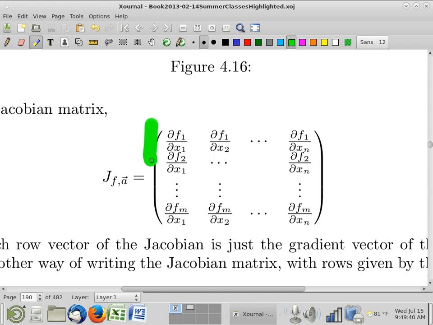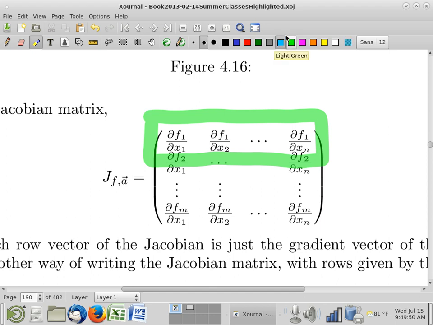Green's fine. And what can I say about that row? Well, weirdly, every entry in that row is a partial of the same output variable. In fact, this row is made up of all of the different partials of that one output variable, f1 in this case, with respect to all of the different input variables.